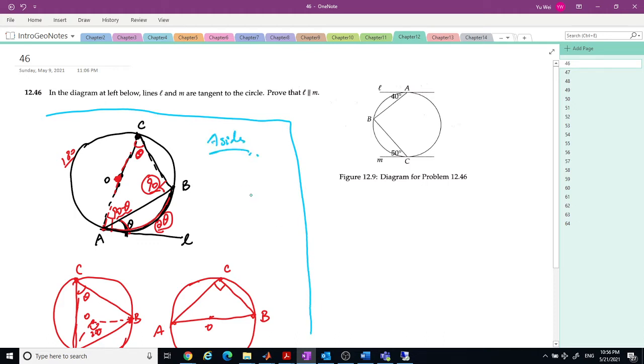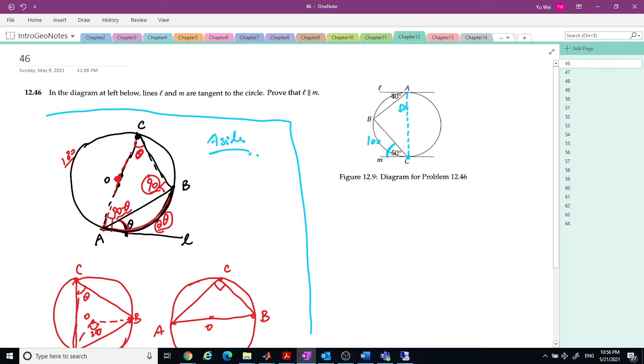With all this information, now let's see what's going on here. Let's connect A and C. C is the touch point, so this angle is the inscribed angle of arc BC. Arc BC is 100 degrees, and this is 50.